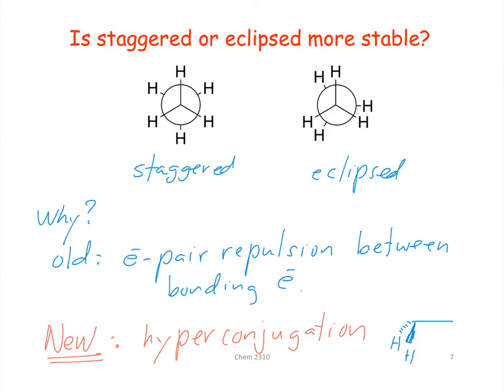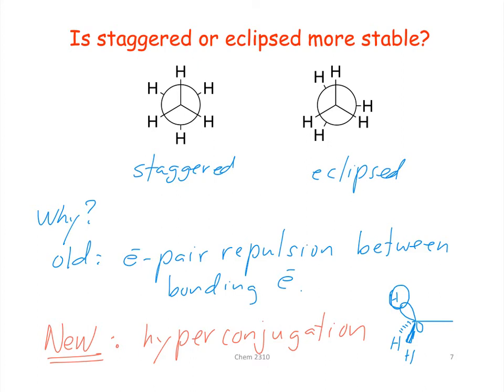Kind of said this already. sp3, right? So I'm going to draw that. Here's our sp3. I'm just going to do it all in one color. And this is going to the hydrogen, and its 1s orbital. Okay? That's just the sp3. That's just the sigma bond.